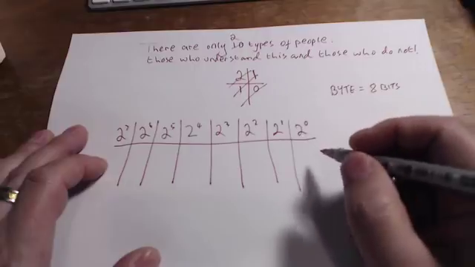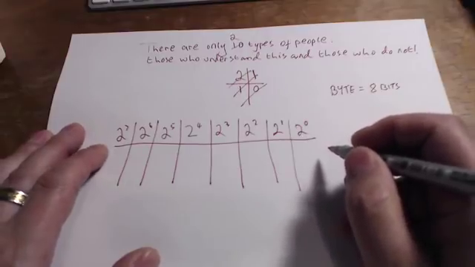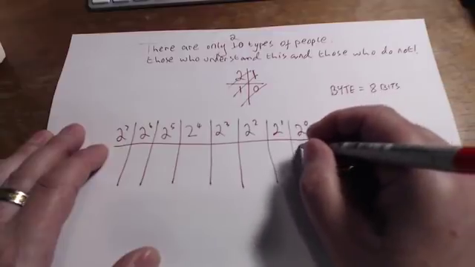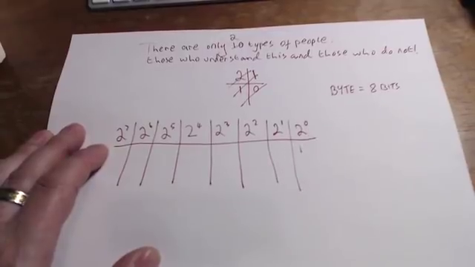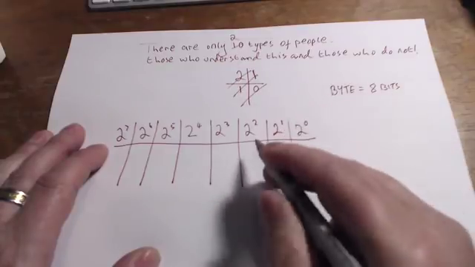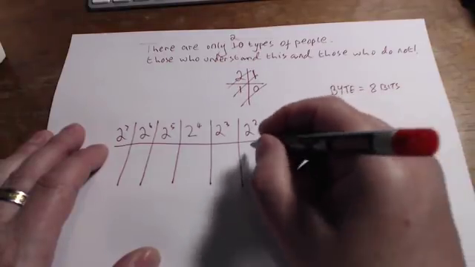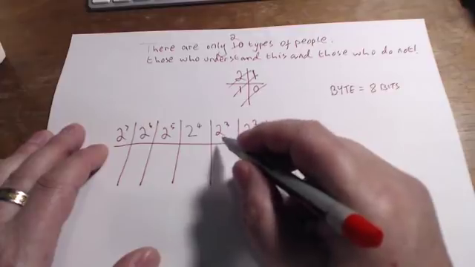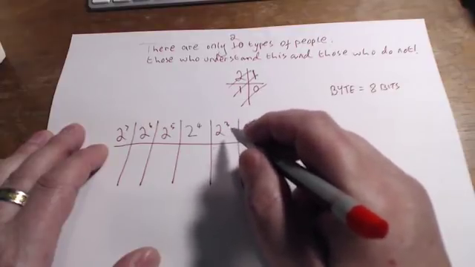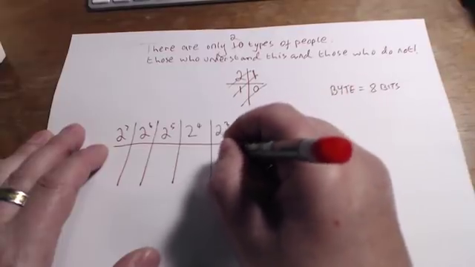So let's have a look. Well, 2 to the power of 0, the maximum value we can have in there is 1. 2 to the power of 1, or 2 times 1, is 2. 2 to the power of 2, so that's 2 times 2, which is 4. 2 to the power of 3, so that's 2 times 2 times 2, which is 8.